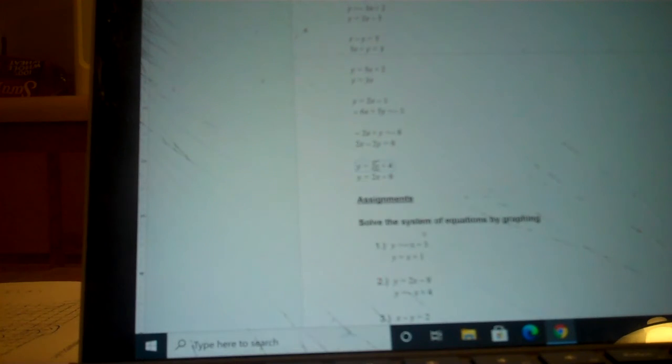We have the m and the b. So slope, y-intercept. So slope is 2, you apply a 1 under it, and then positive 4 is the y-intercept. So 1, 2, 3, 4. Then I will go forward 1, up 2. Okay, and that line represents all the coordinates for the first equation.